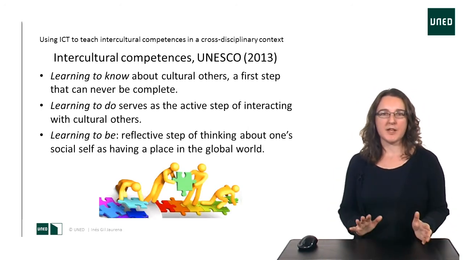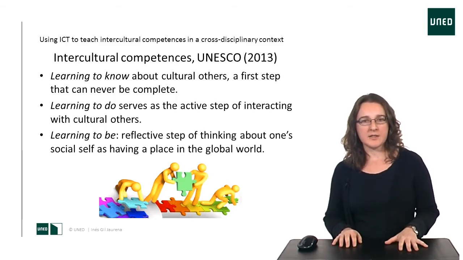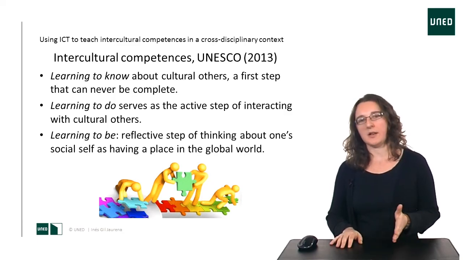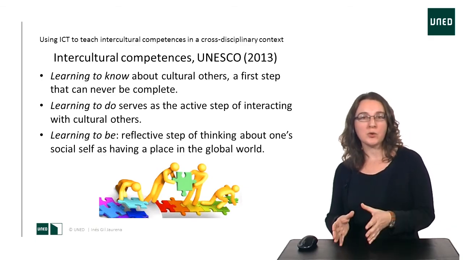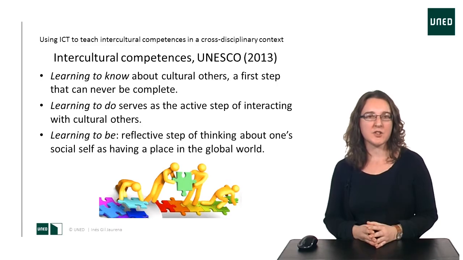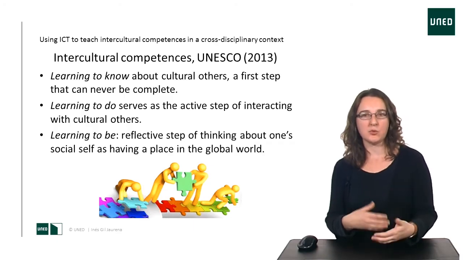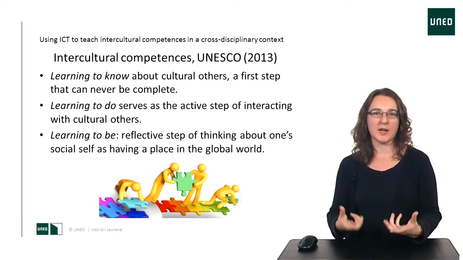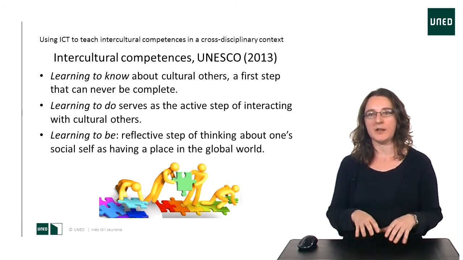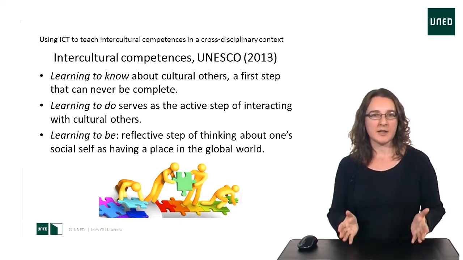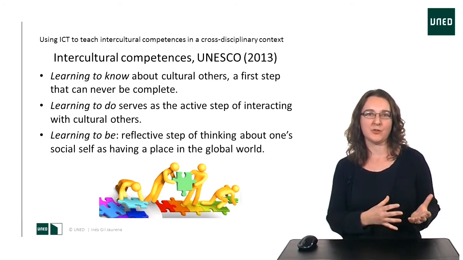And the last classification I will show you about the intercultural competencies is one by UNESCO, and it is also interesting because it interprets competencies as a process of learning first to know, so this is common to other classifications, to do, which would be the skills and the active interaction with others, the process of interacting, and the skills we put on and we develop and put in place when we interact with others. And the last competence would be learning to be, that has to do with the attitudes that were also present in the other models.